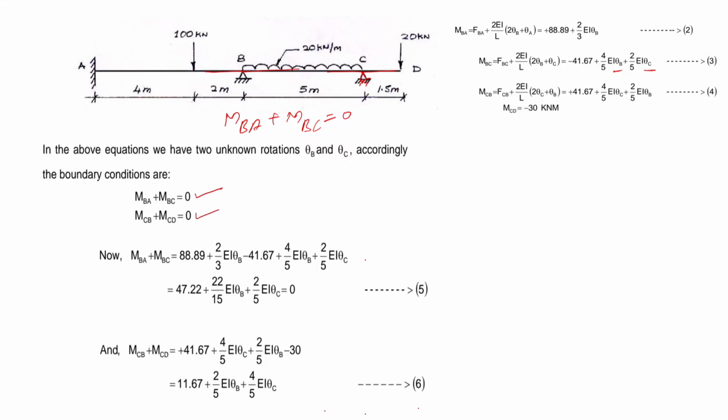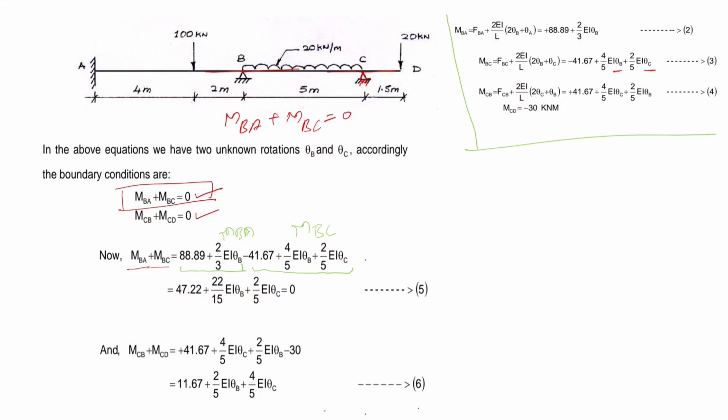Now, from the first condition, MBA plus MBC, we will get 88.89 plus 2 by 3 EI theta B. ಇಲ್ಲಿವರೆಗೂ equation, this is MBA, then minus 41.67 plus 4 by 5 EI theta B plus 2 by 5 EI theta C is MBC. ಹಿಂದ್ಗಡೆ ಸ್ಲೈಡ್ ಅಲ್ಲಿ ಕ್ಯಾಲ್ಕುಲೇಟ್ ಮಾಡಿದ್ವಿ, ಅದೇ ವ್ಯಾಲ್ಯೂಸ್ ಇಲ್ಲಿದಾವೆ.